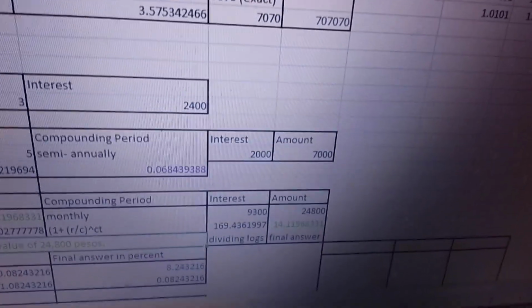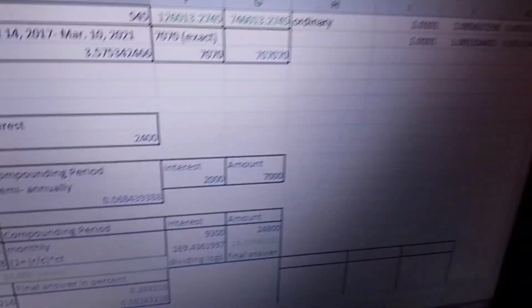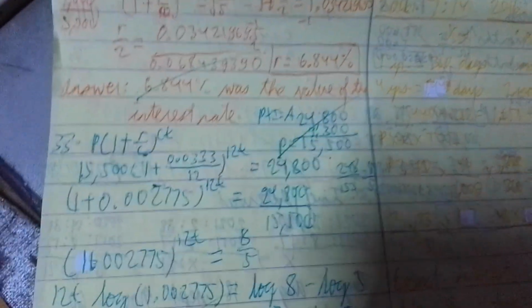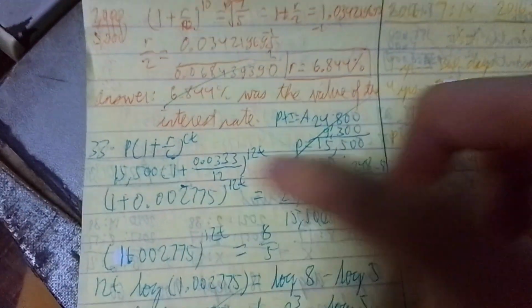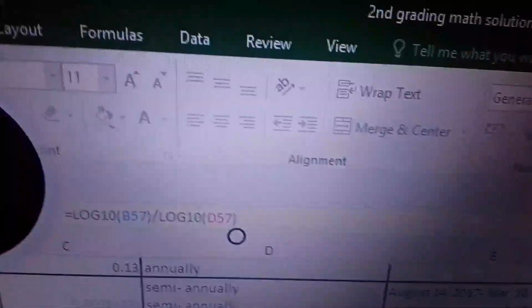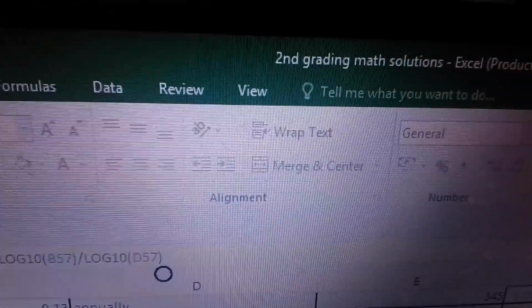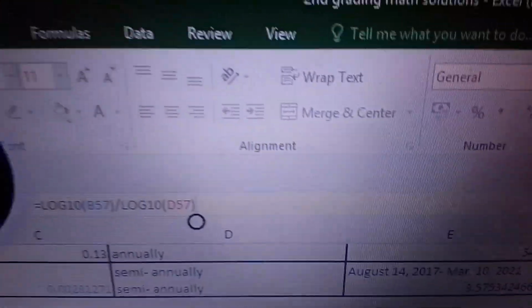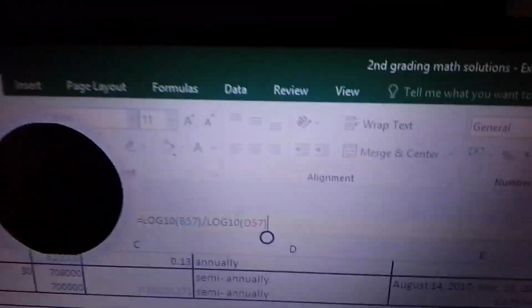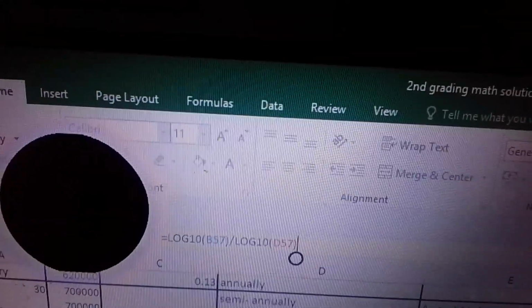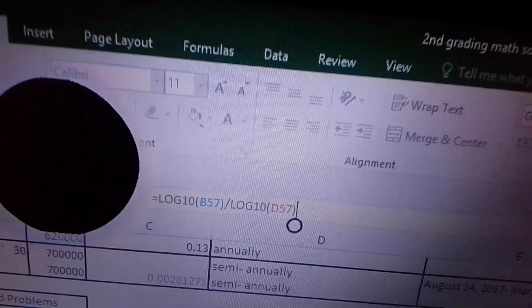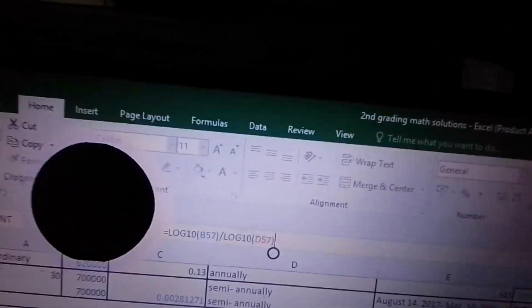And then this one, we divide the logs. So how did I divide the logs? So therefore, we come up with this answer. And then we take the log of that base and then this base. Ito yung ginawa ko. So ang ginawa ko dito, I did the log base 10 formula of B57. Di ba, remember the formula is, kung ano yung nasa taas, if you're going to use the log base 10 formula, yung nasa taas, that is the future value divided by the present value.